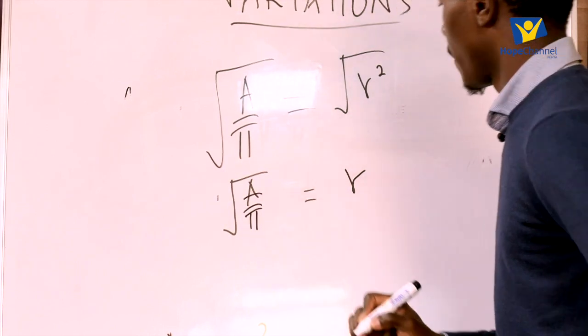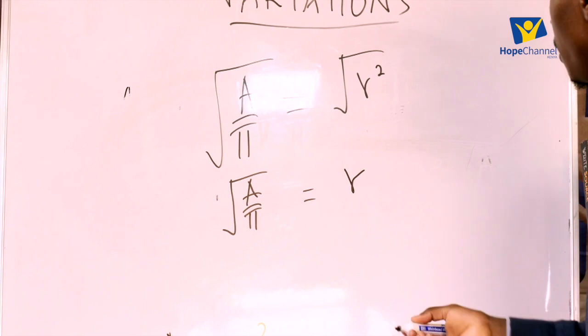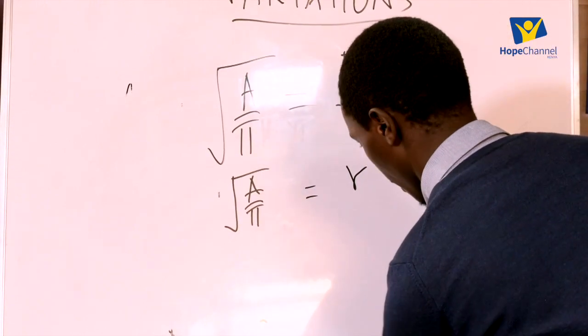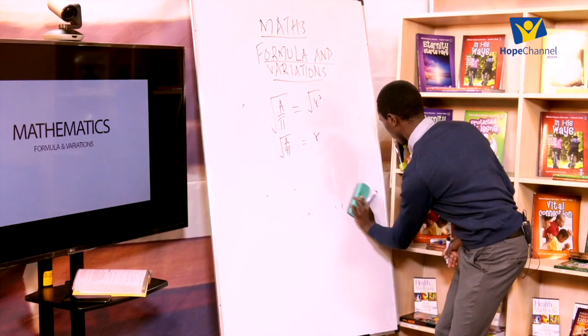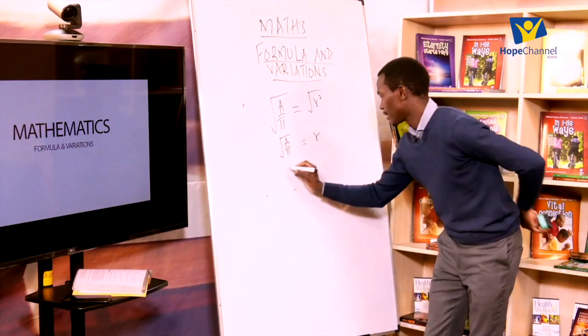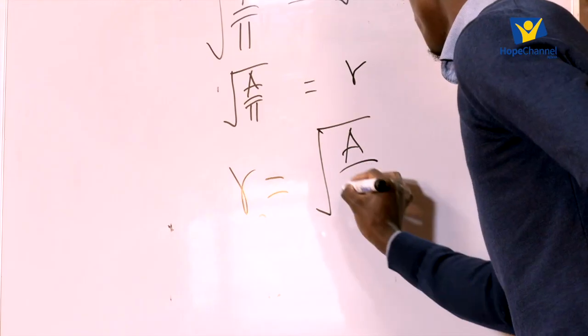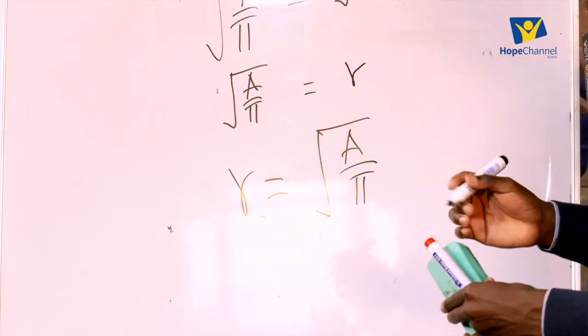So we can leave our answer as that, or you can rearrange it to have it as r is equal to the square root of a over pi. So it is something which is so simple.